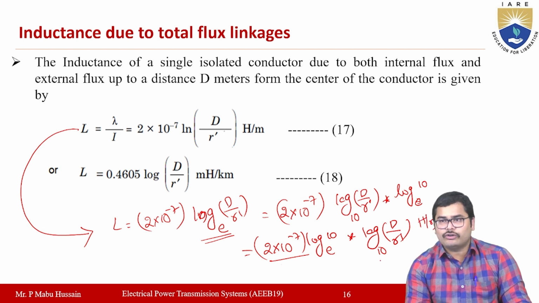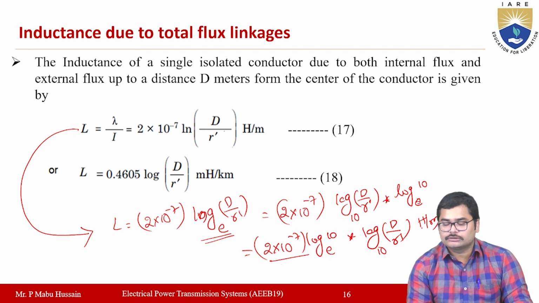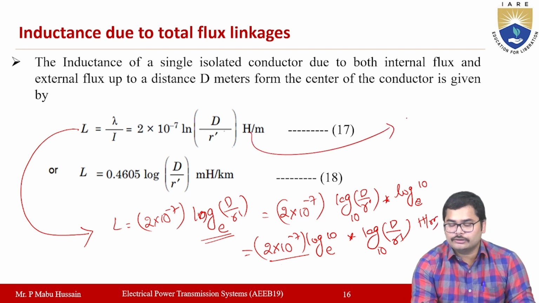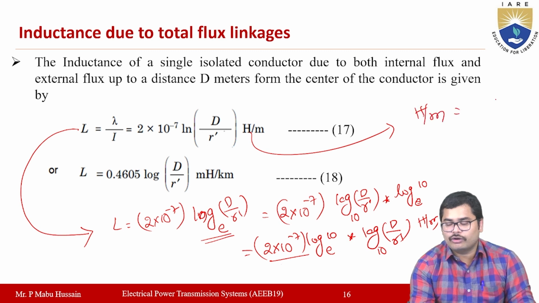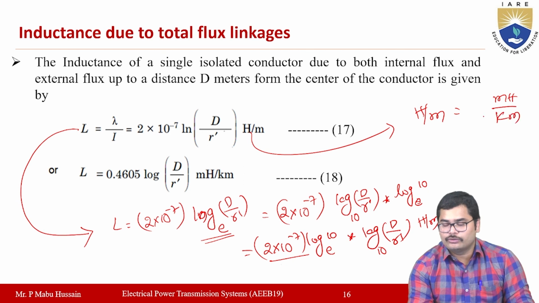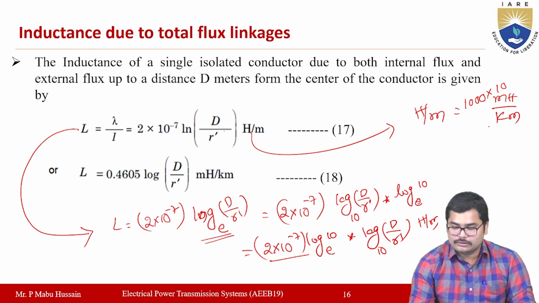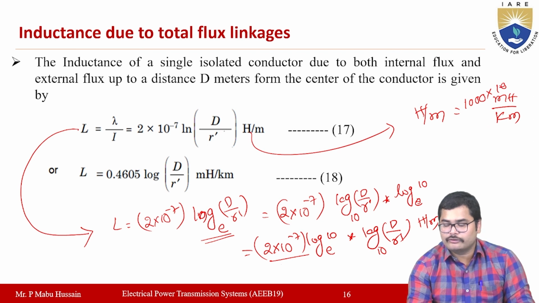If you want to convert this into millihenries per kilometer, what do you need to do? You have to multiply this with 1000 and again 1000. I will write this again. 1 henry is equal to 1000 millihenry. 1 meter is equal to 1 by 1000 kilometers.